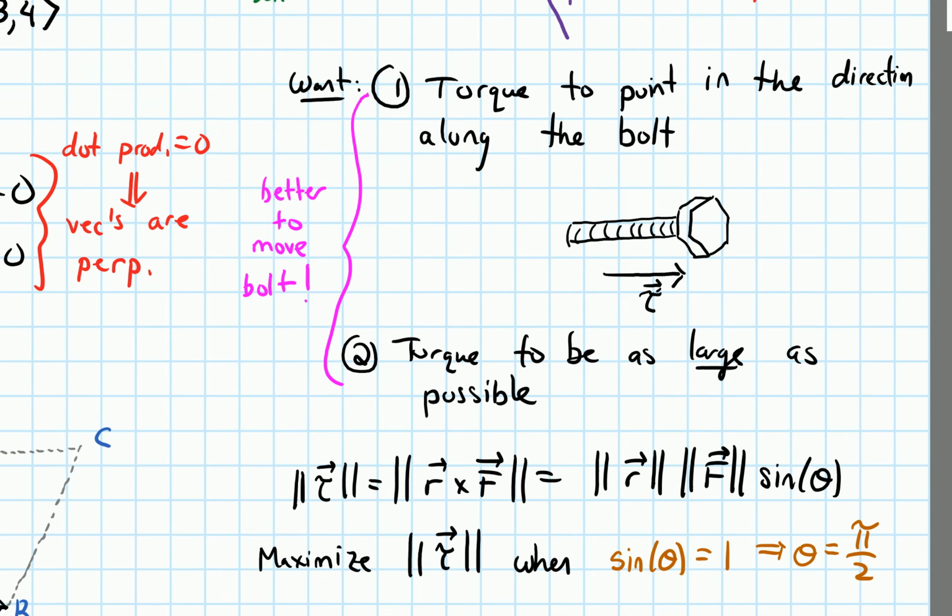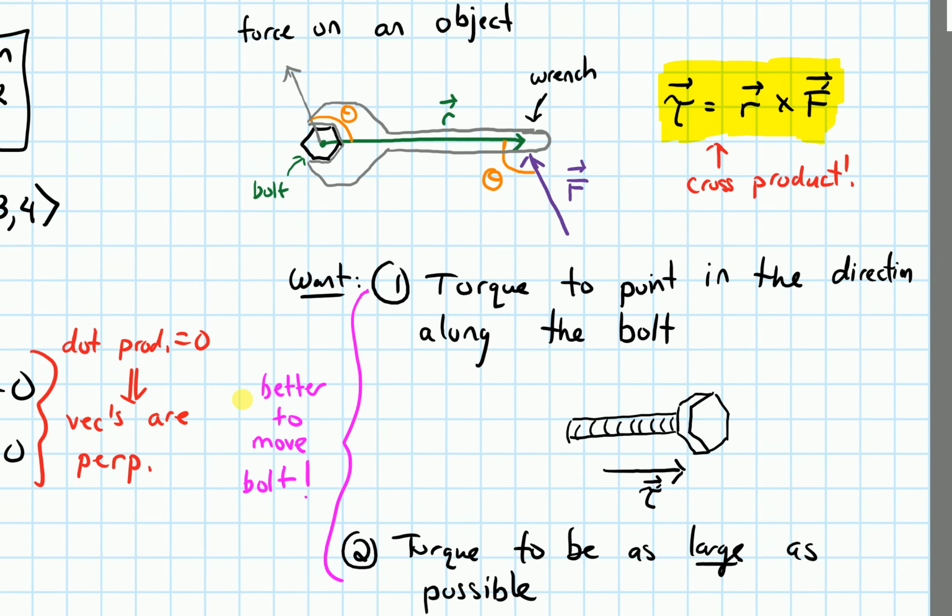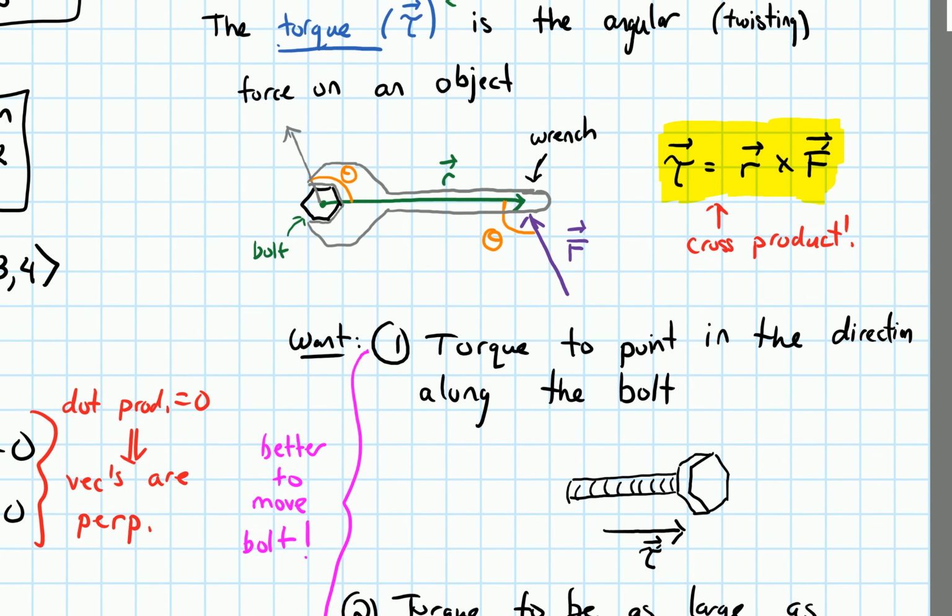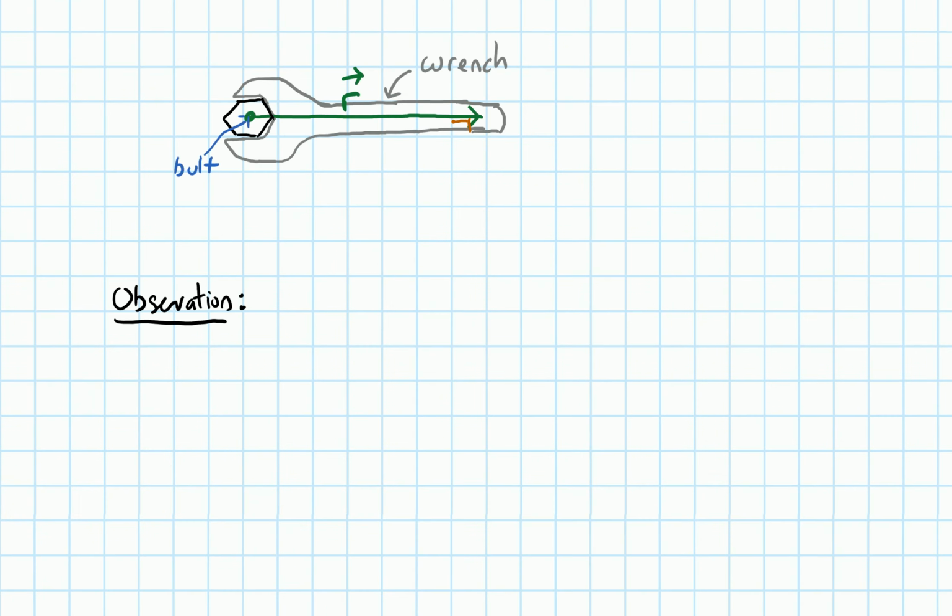So what that means is, if we want to optimize our ability to move this bolt, we want this force to make a 90-degree angle with that r vector, with the handle of this wrench. So in terms of our picture one more time, if our force is in this direction, that's not really ideal.